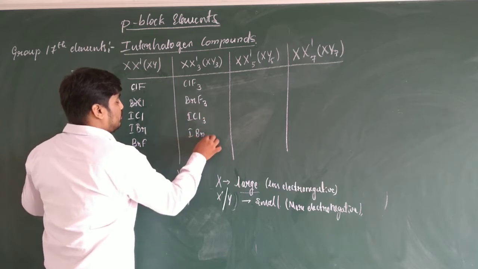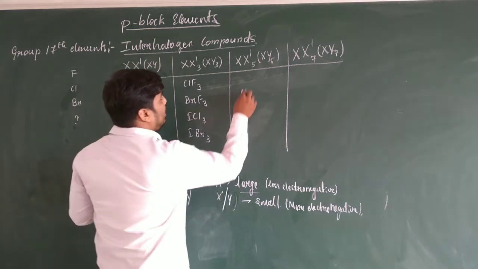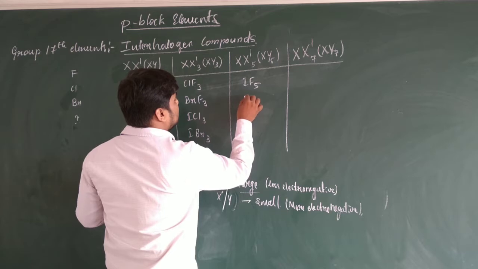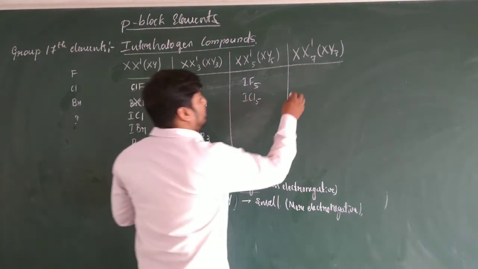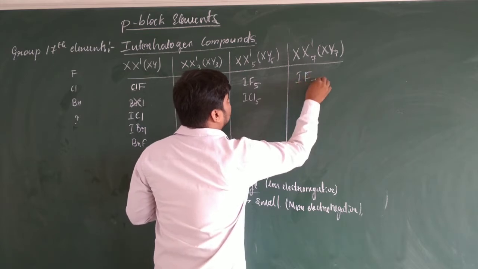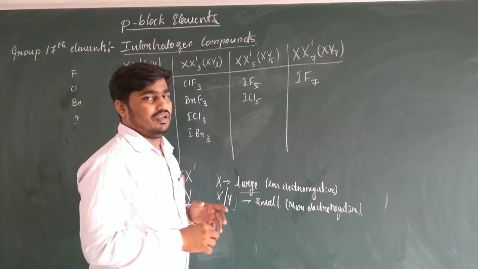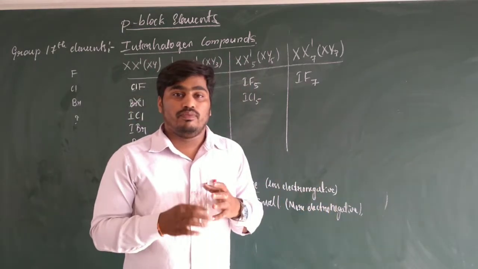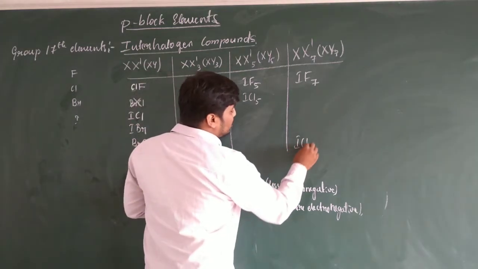IBr3 is possible. Because these are the possible interhalogen compounds. In the case of 5, IF5. Next ICl5. And next 7, similarly IF7. Only one compound, IF7. If we try to produce ICl7, is it possible?